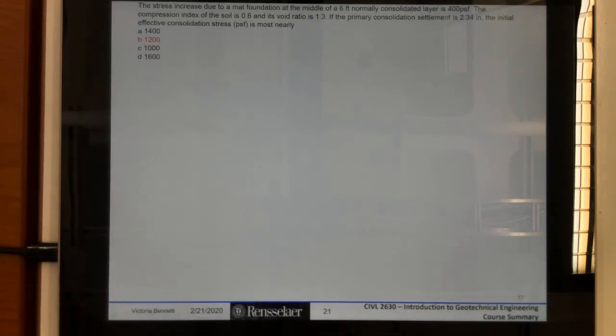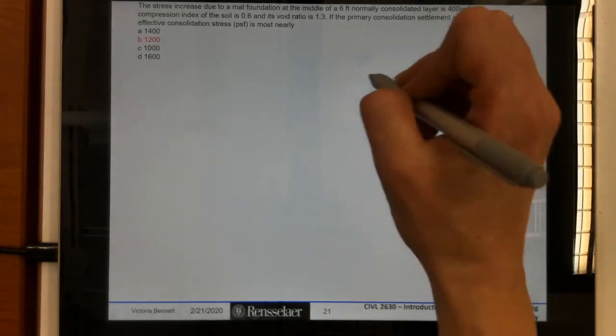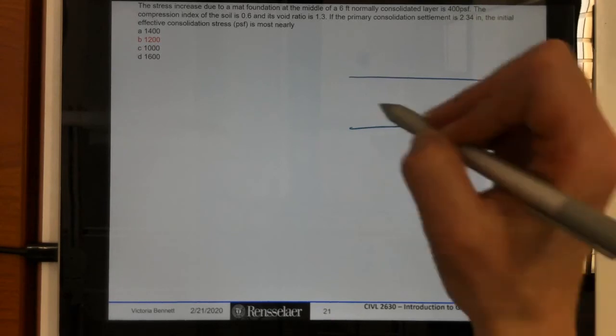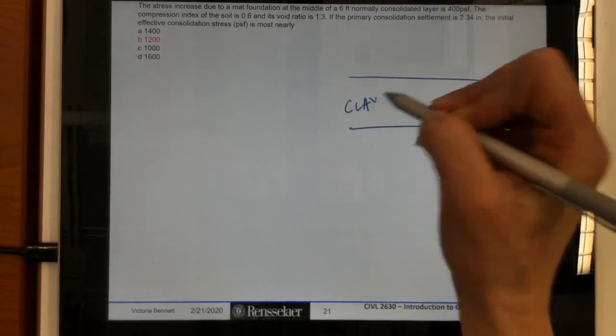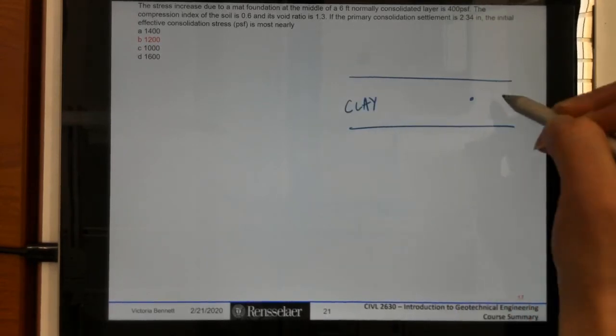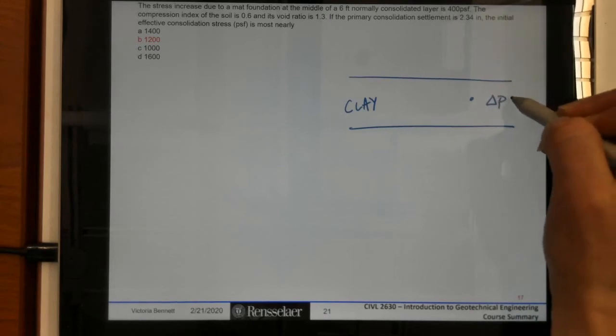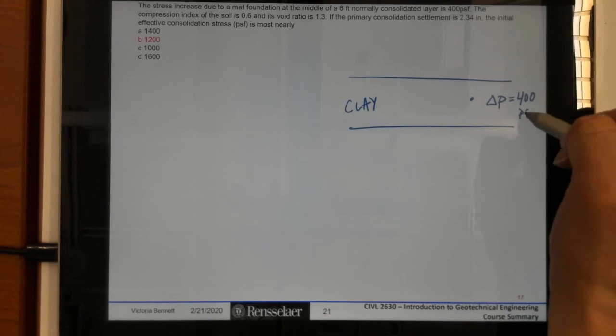It's a little small, but the stress increase due to a mat foundation at the middle of a 6-foot thick, normally consolidated layer. So the stress increase at the middle of some clay layer is, so stress increase makes me think delta P, 400 pounds per square foot.